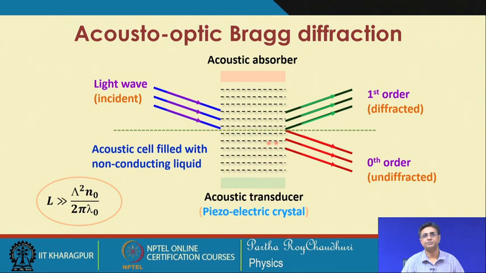So, this light will be effectively undiffracted, and once we switch on this acoustic wave, there will be a coupling between this undiffracted wave, that is the 0th order, and the first order diffraction.